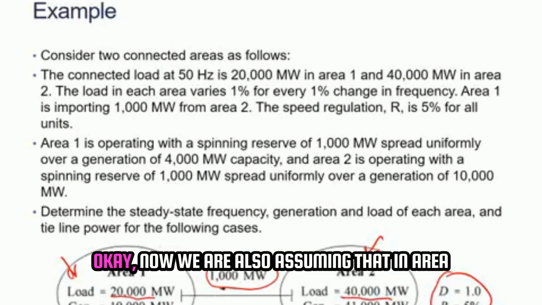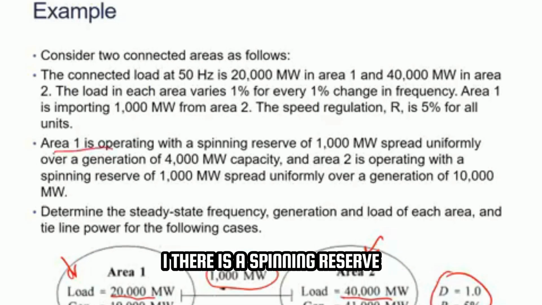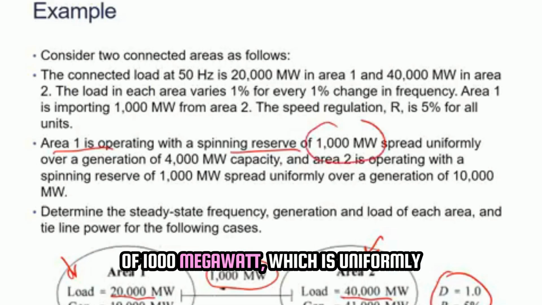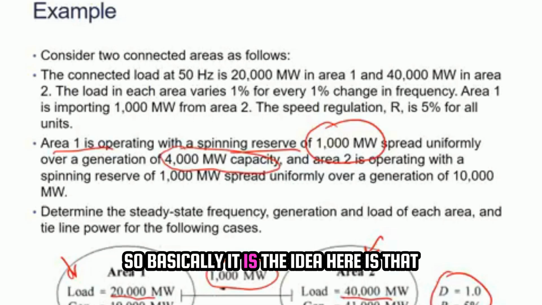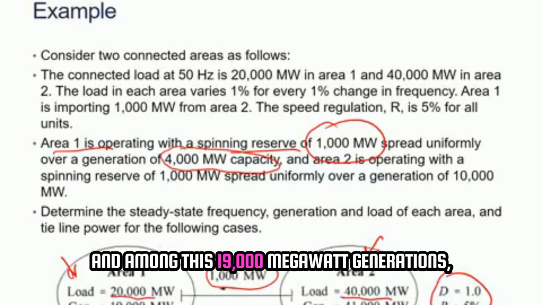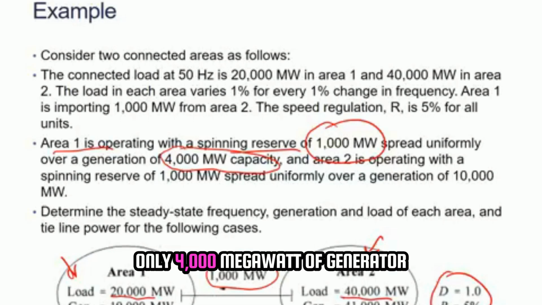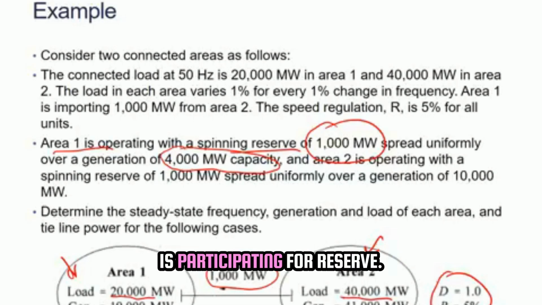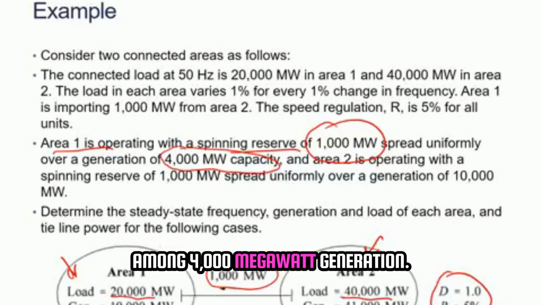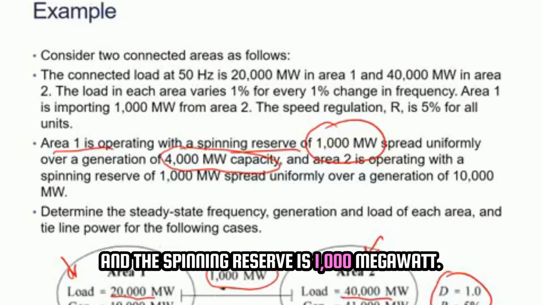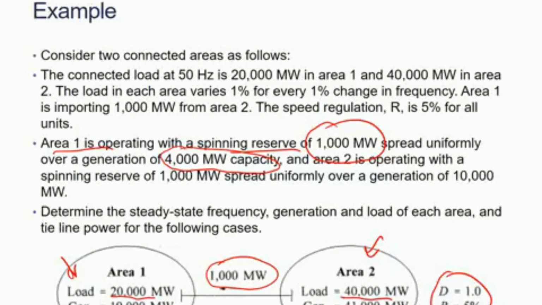Now we are also assuming that in area 1 there is a spinning reserve of 1000 megawatt, which is uniformly distributed across 4000 megawatt of capacity. So basically the idea here is that 1000 megawatt of reserve is there, and among this 19,000 megawatt of generation, only 4000 megawatt of generators are participating for reserve, uniformly distributed among them.